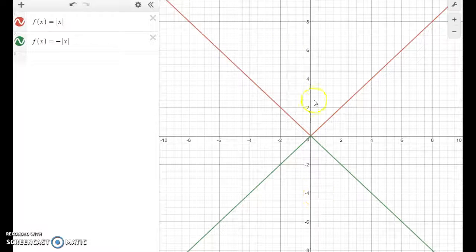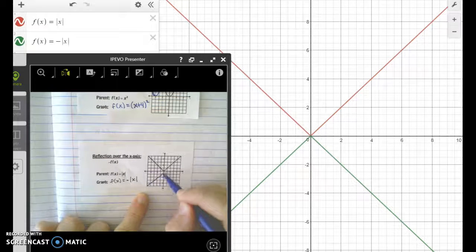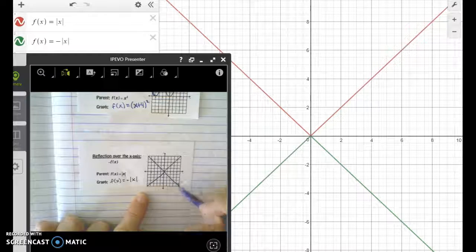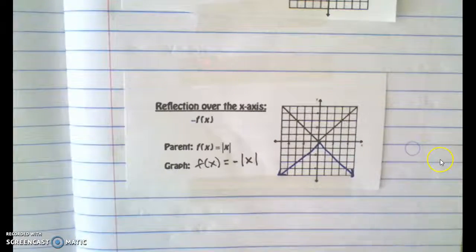So that's the reflection you're going to see in the graph. So here in my picture, all I'm doing is drawing an upside down absolute value function. So now it looks like a giant X in my graph. So to summarize, and I'll make this bigger so we can see this more clearly.